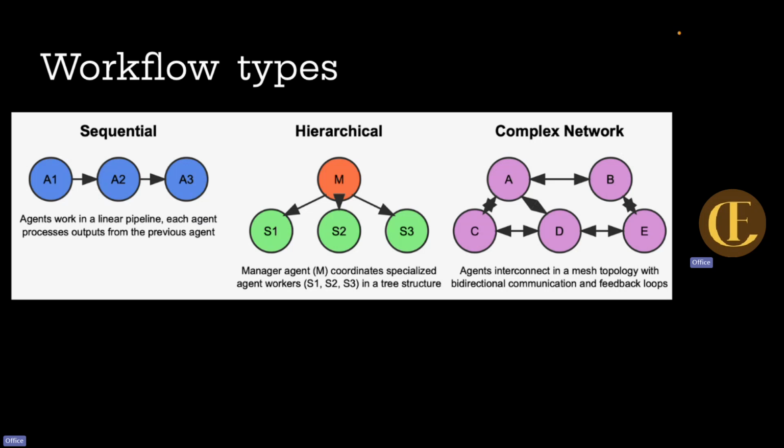Then a complex network, where there's just a bunch of agents, like agents assemble: do your stuff. Some frameworks lean more towards this, like CrewAI and AutoGen. They're just grouping things together and saying do it. So one way of describing an agentic AI workflow is based upon the workflow type.